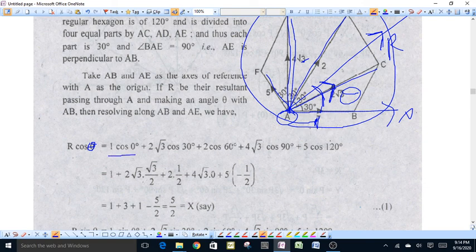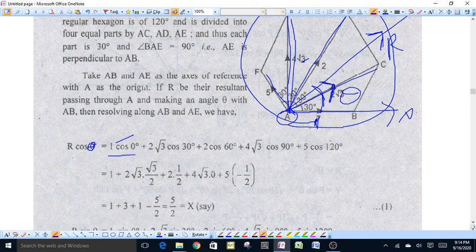The x component of the first force is 1 cos 0, because the first force acts along AB, and we have taken AB as the x axis. This means this force makes an angle of 0 degrees with the x axis. Therefore the x component of this force, which is equal to 1 kilogram weight, will be equal to 1 cos 0.